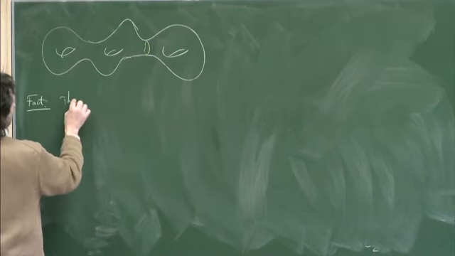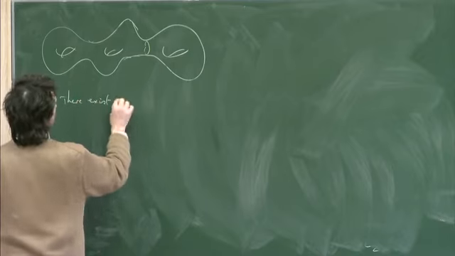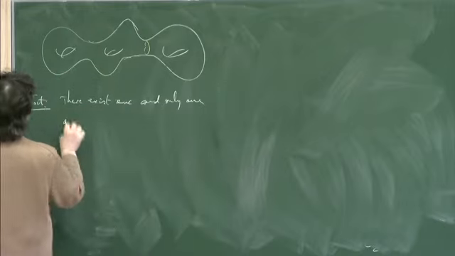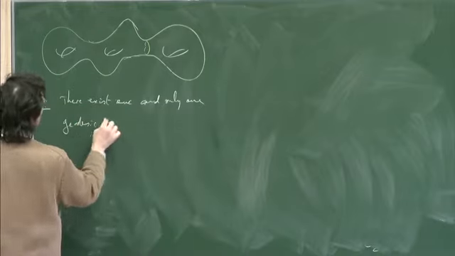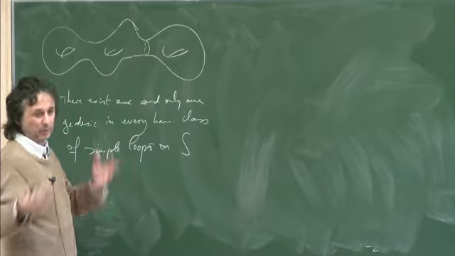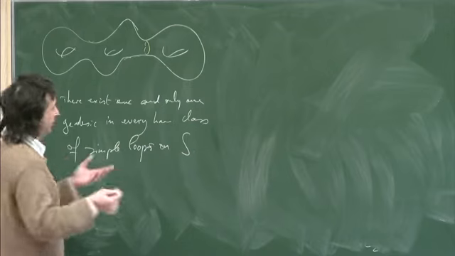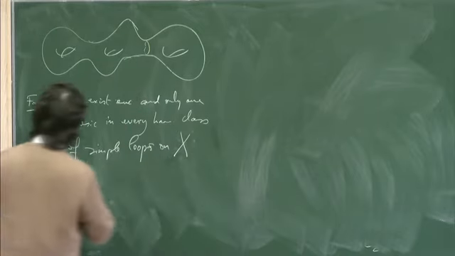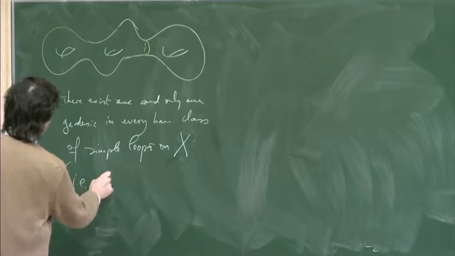There is a fact. There exists one and only one geodesic in every homotopy class of simple loops on S, I mean on S equipped with a hyperbolic metric.